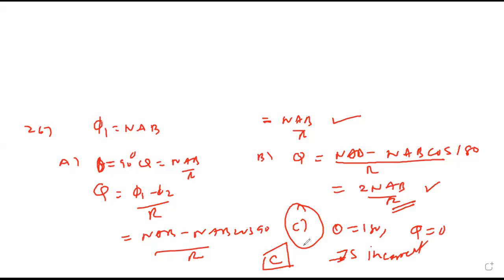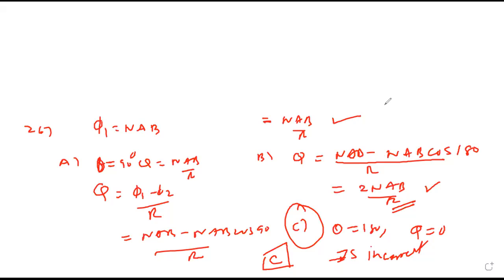So Q equals 0 is incorrect. Okay, done. 26, yes, sir.